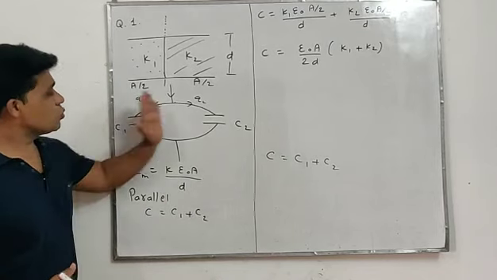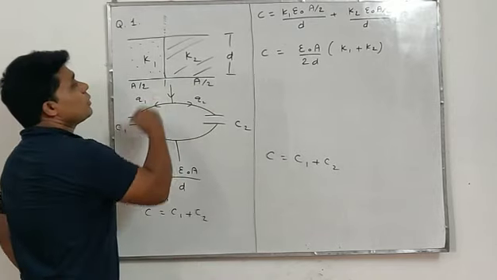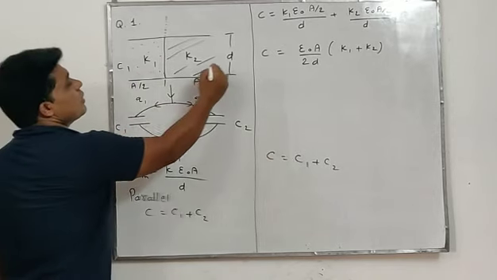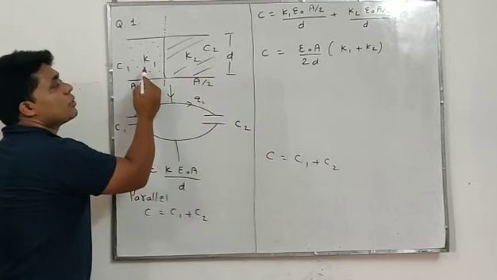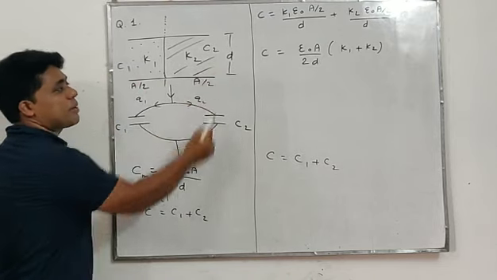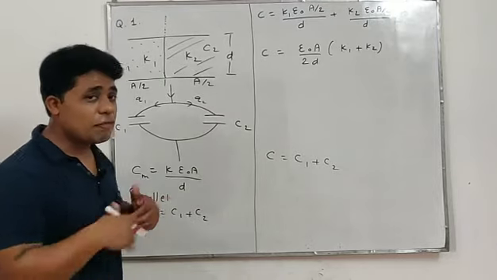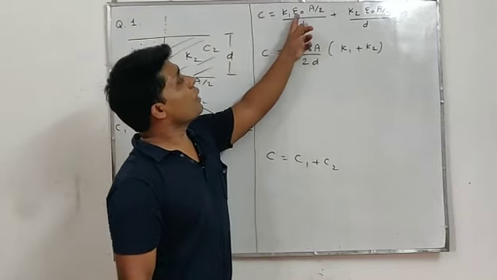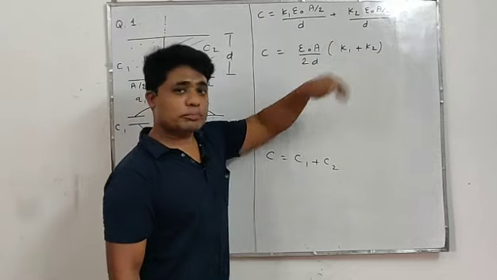Look students, these two are in parallel combination. This is the formula. On account of that, this is C1 and that is C2. C1 has dielectric constant K1, area A by 2 and separation D, so it becomes K1 epsilon naught A by 2D.